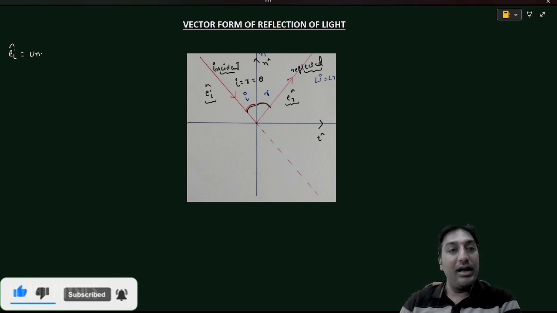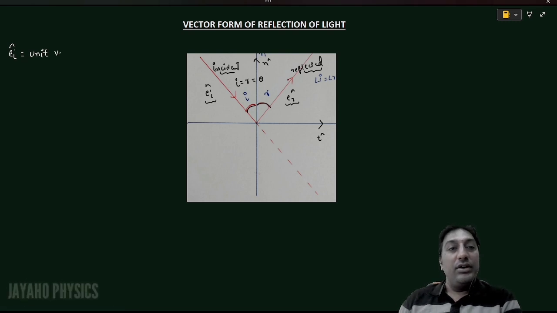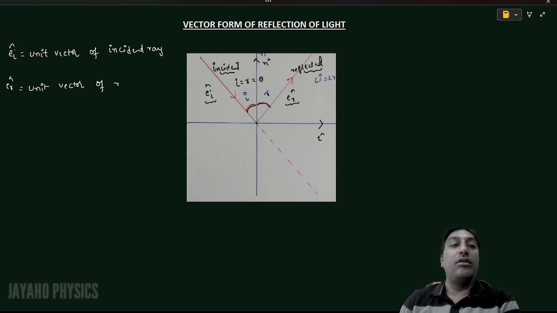It is the unit vector of the incident light ray. And what does e suffix of R cap stand for? It is the unit vector of the reflected light ray.